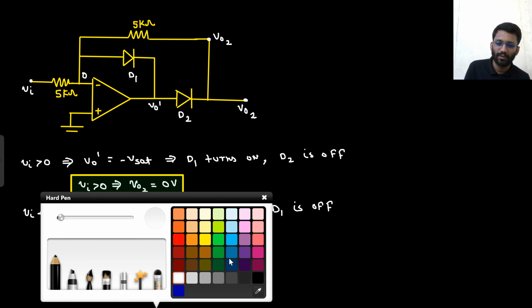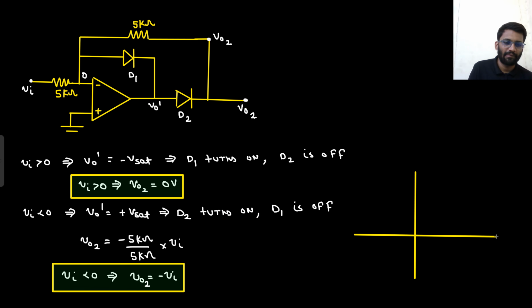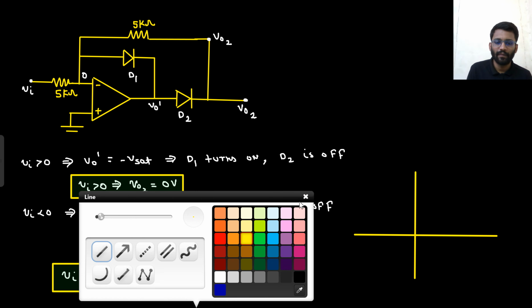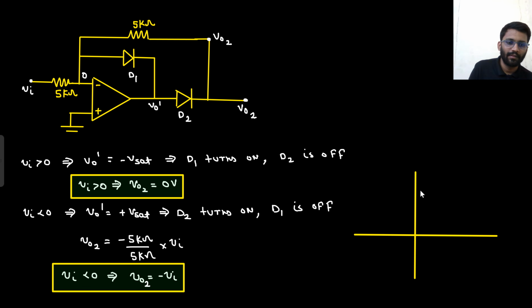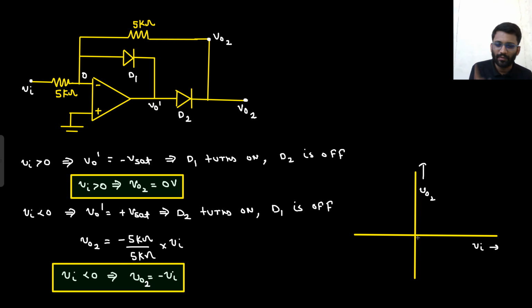So what will be the transfer characteristics? This is your V02, this is your V in. If V in is greater than 0, it is 0 only.